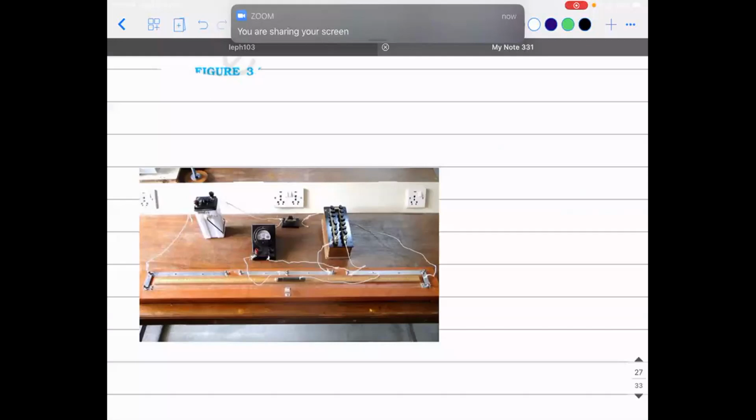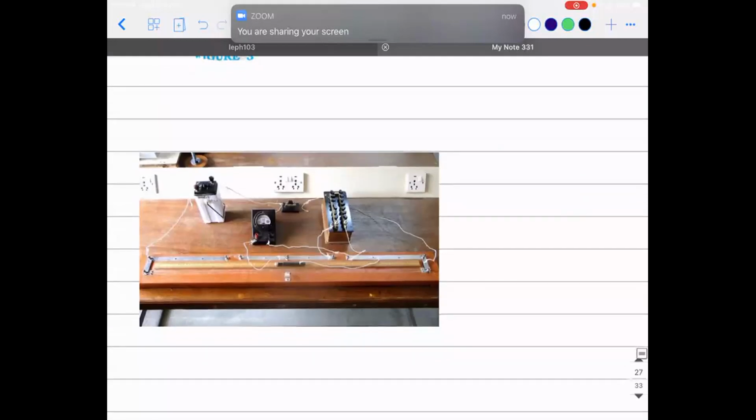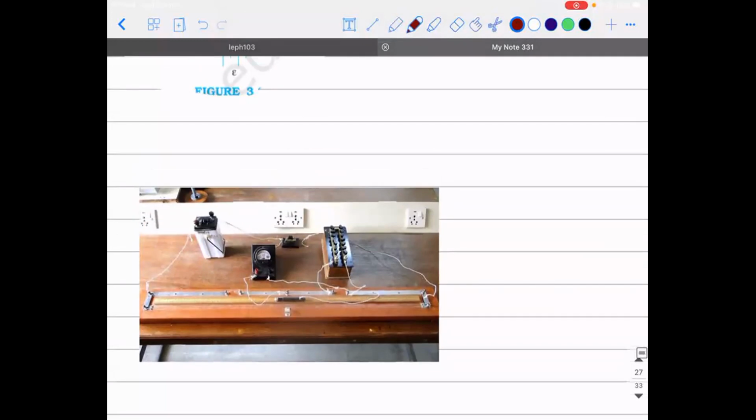The next topic that we are going to see is what is meter bridge and what is its application.